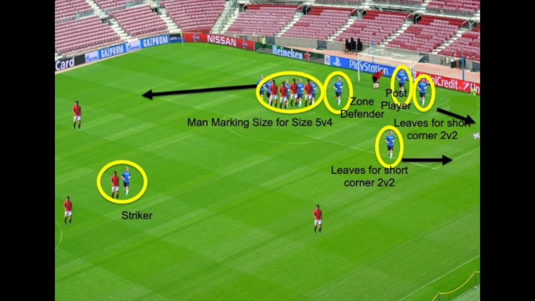I like to see the transition, because how many times on corners, they're well organized defensively, ball gets served, we get a half clearance, and then the ball is served back in again. Usually that's where the breakdown in organization happens. And you also want to practice the counter off the corner as well.